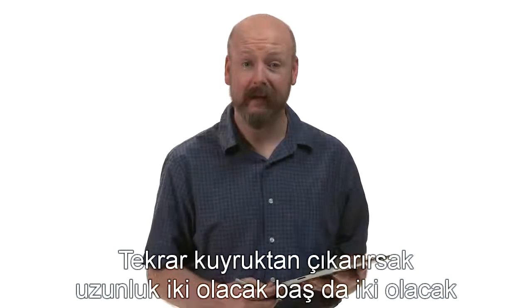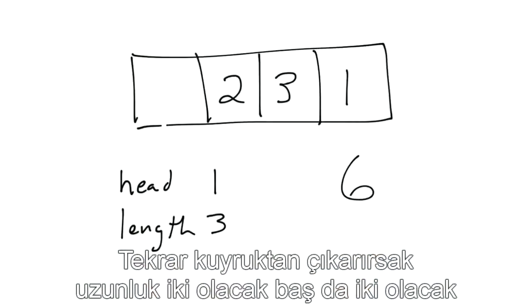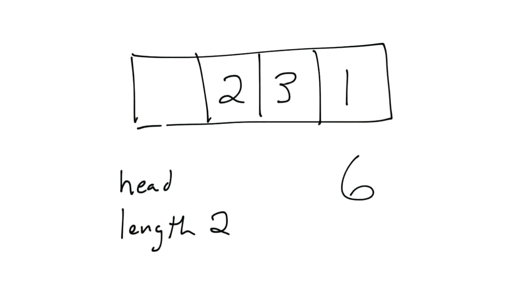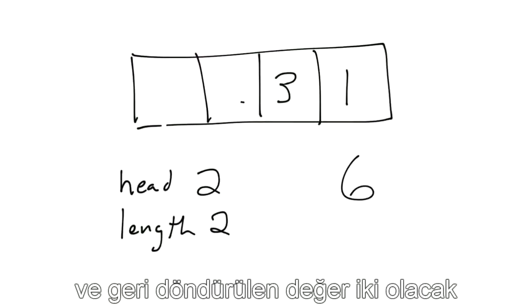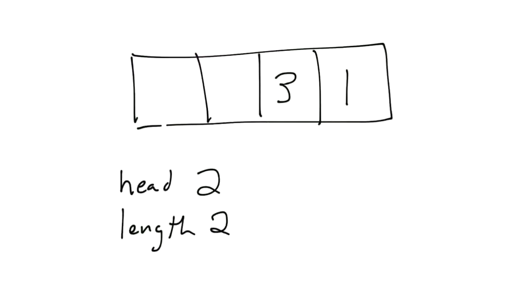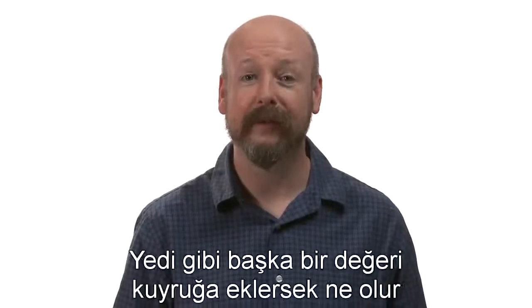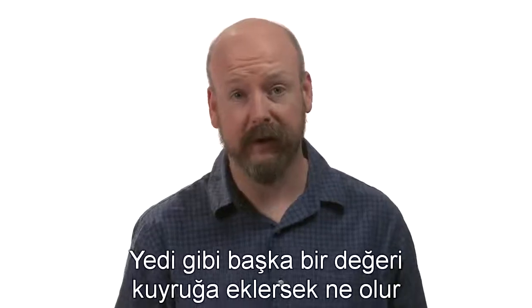If we dequeue again, the length will become 2. The head will also become 2. And the return value will be 2. What happens if we enqueue another value, such as a 7?